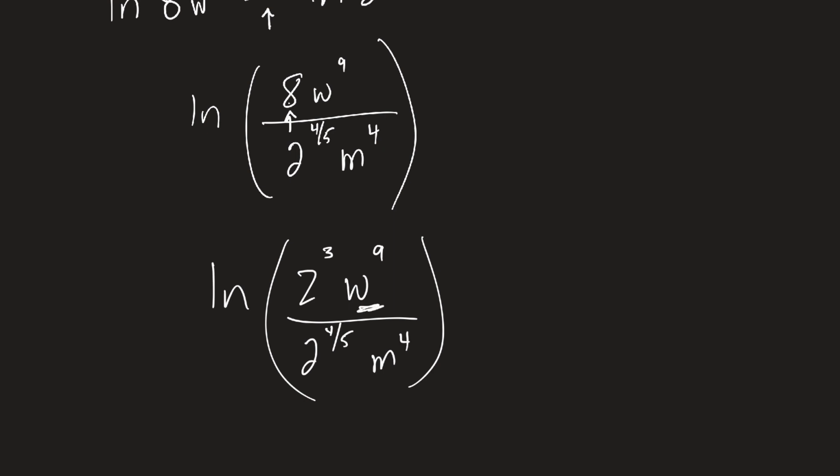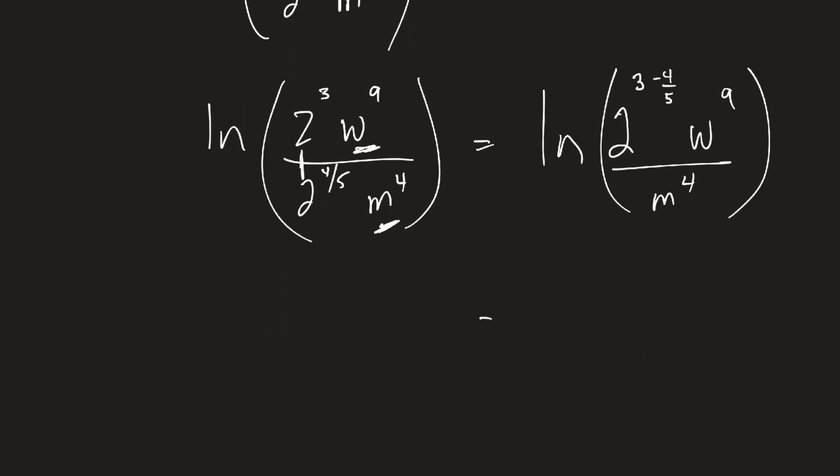I can't do anything with the w's or the m's because they're not the same base. But these I can. They're common bases, so I can subtract their exponents. So it'd be ln of 2 to the 3 minus 4/5, and then w 9th over m to the 4th.